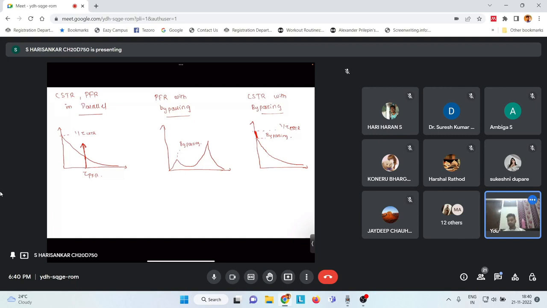So yeah, this is all for today. We'll start looking into some previous set problems. But before we move on, is there any doubt with regards to this? If things are clear, we can move on. But in case anyone has any doubt, you can type or unmute and speak.